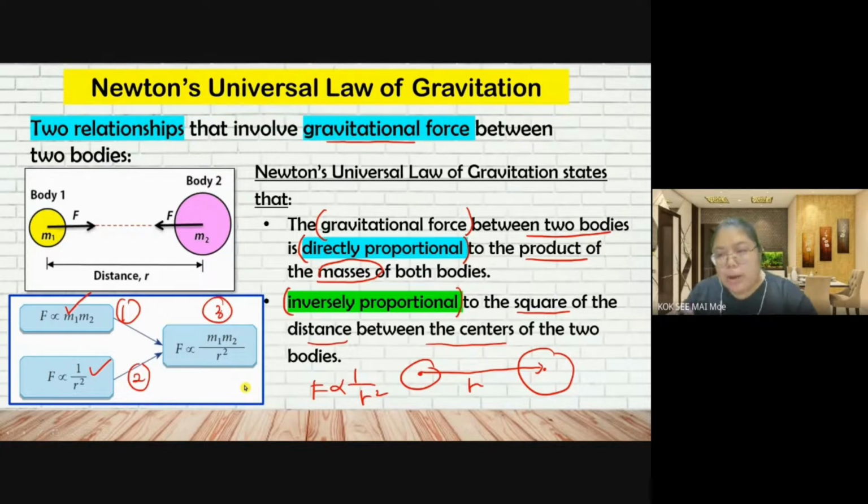You must know what M1 and M2 are: M1 is the first body's mass, M2 is the second body's mass, and R squared is the center-to-center distance, squared. So the mass is related to gravitational force, and the distance is also related to gravitational force. So there are two factors: how to make gravitational force increase, and how to make it decrease.